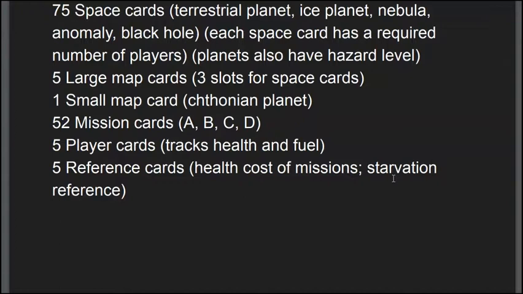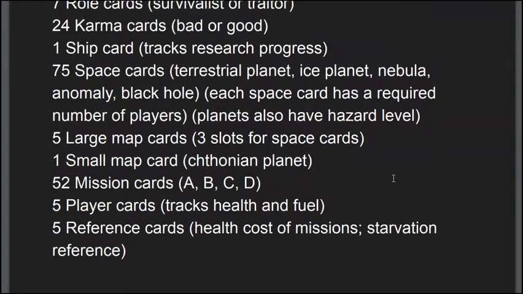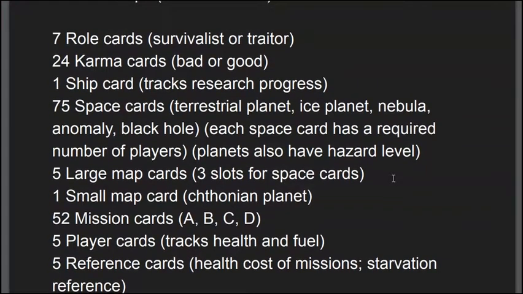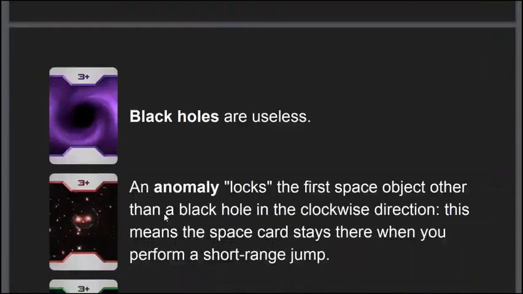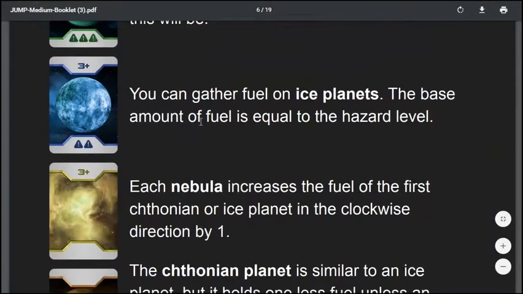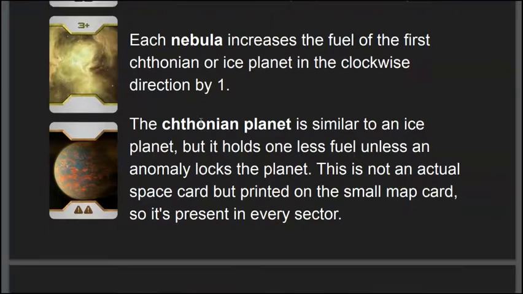Not immediately understanding what starvation reference would be applied to. Small map, mission cards, player cards, okay. But I'm not sure if the reference card is going to quickly reference this stuff, or if I'm going to need to have the rule book open to this page as a reference the whole first time that I'm playing through.